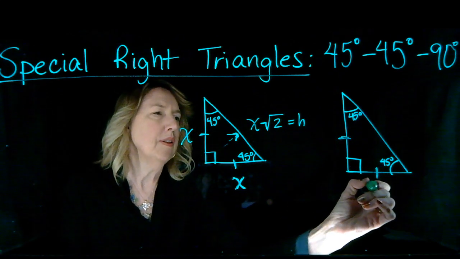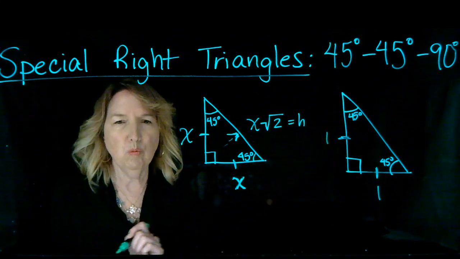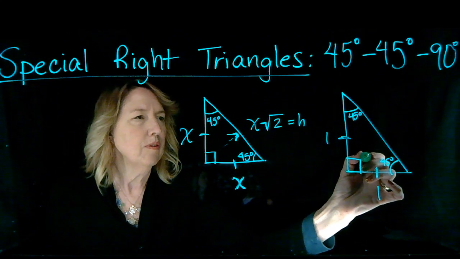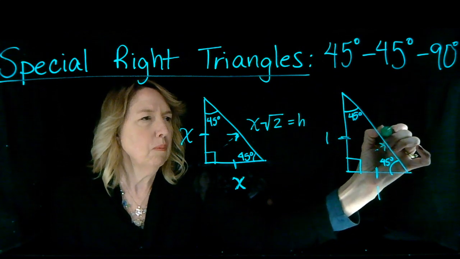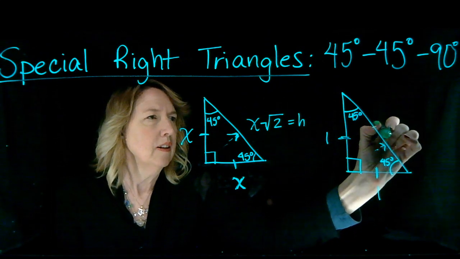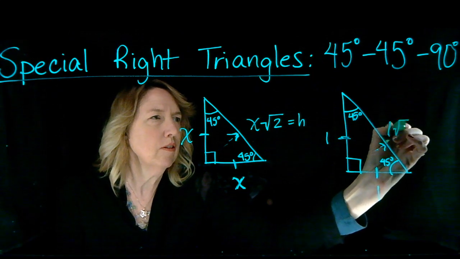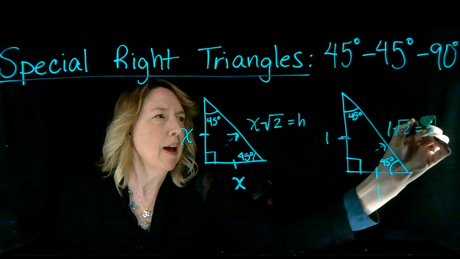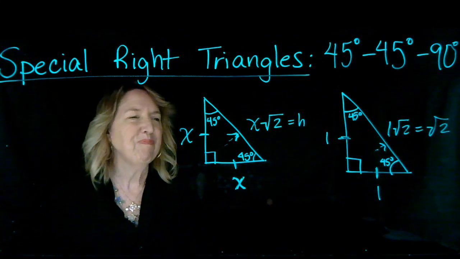Now, suppose this side is 1. That means this side is also 1. And then to figure out the hypotenuse, you're simply going to multiply this side times radical 2. Well, 1 times radical 2 is radical 2. You don't even need to write the 1.